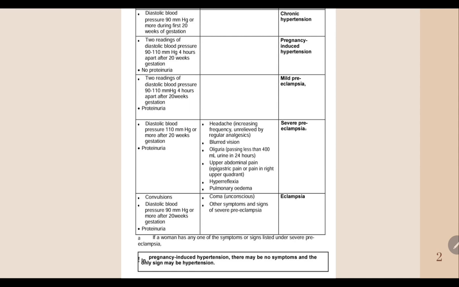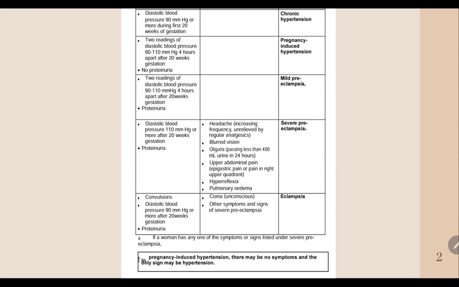Then diastolic blood pressure 110 mmHg or more after 20 weeks of gestation and proteinuria is present, then it is considered to be severe preeclampsia. Along with that, the patient should have symptoms like headache, blurred vision, oliguria. Oliguria means passing less than 400 ml per 24 hours.